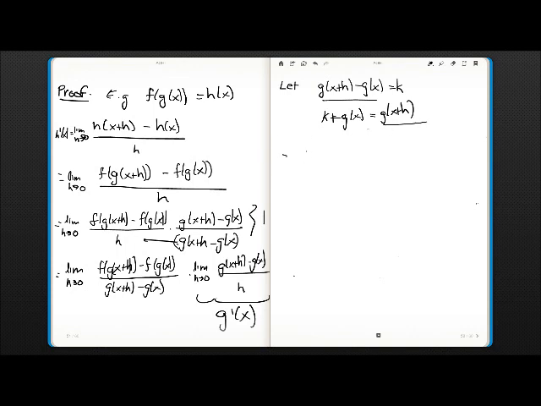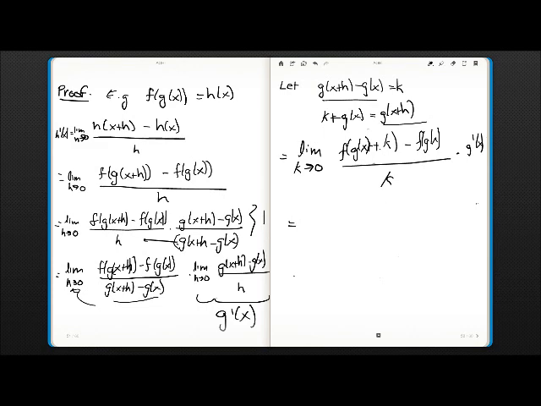So next we just sub them in, and we'll get the limit as k approaches 0 of f at g of x plus k minus f at g of x, all over k, times, we already have that, g prime of x.